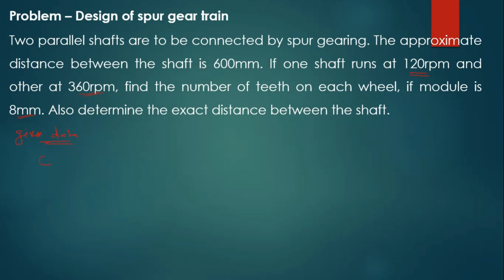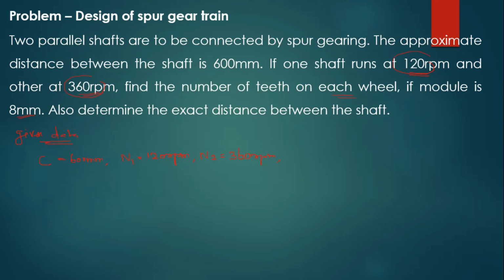The center distance is already given, C equal to 600 mm, and one shaft runs at 120 rpm and another at 360 rpm. So let us take N1 equal to 120 rpm and N2 equal to 360 rpm, and find the number of teeth on each wheel.